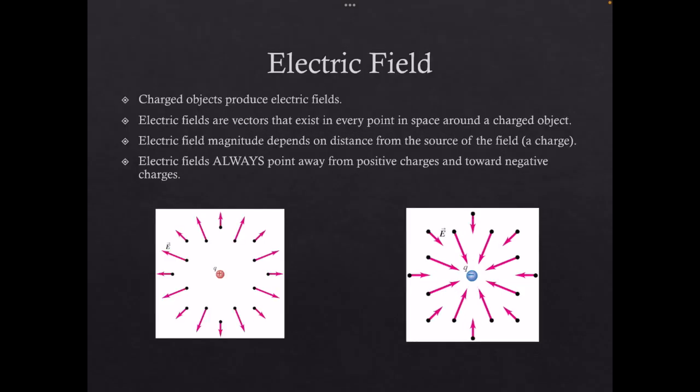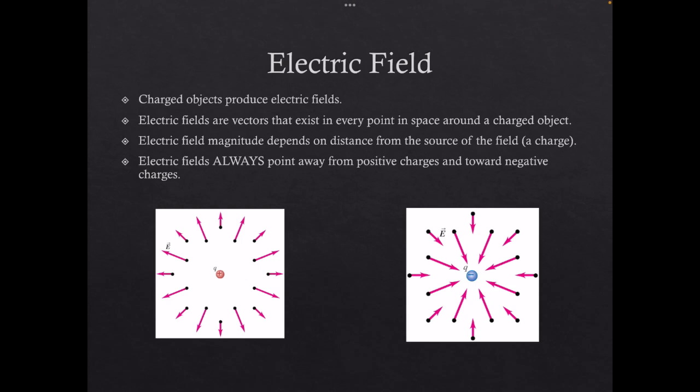So every charged object produces an electric field in the same way that every object with mass produces a gravitational field, right? And what we know from experience is that only super duper massive objects produce a gravitational field with any real force to it. For example, heavenly bodies, stars, planets, asteroids and things.